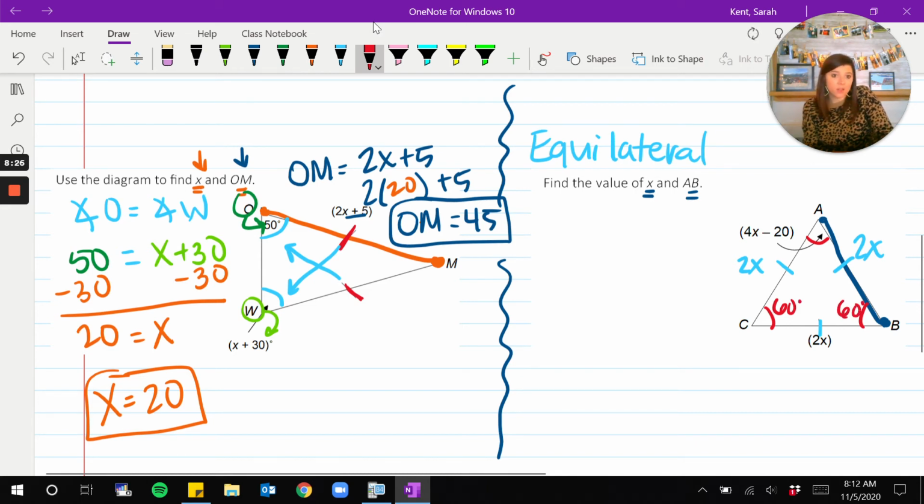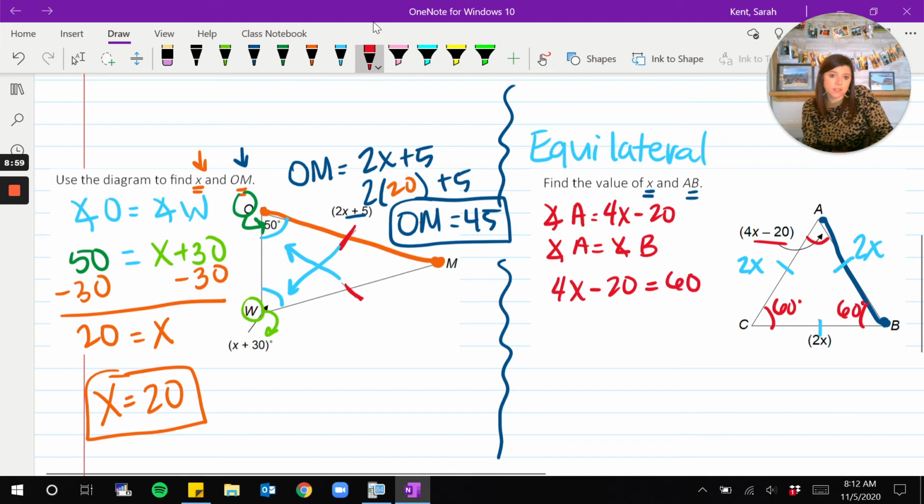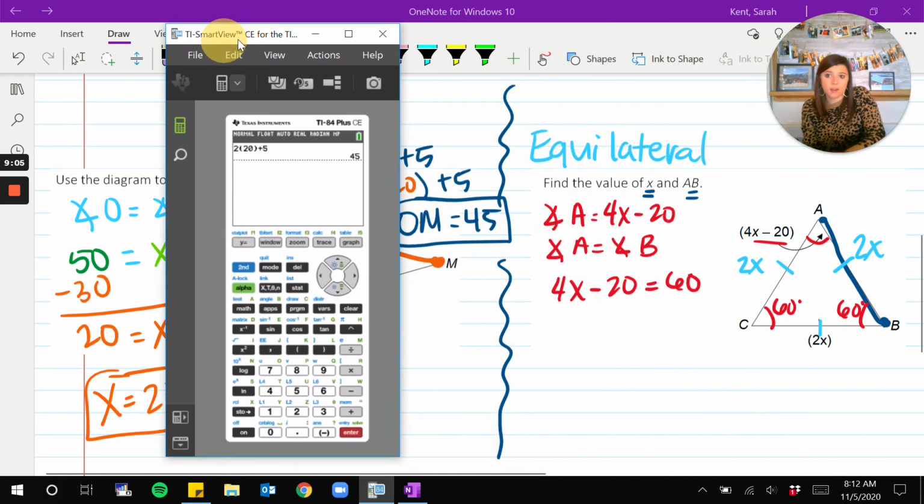So if I look at angle A, it says that angle A is 4x minus 20. But I also know that angle A is equal to angle C, and it's equal to angle B. So I could say that 4x minus 20 equals 60 degrees. So I can use my calculator to help me find our answer.